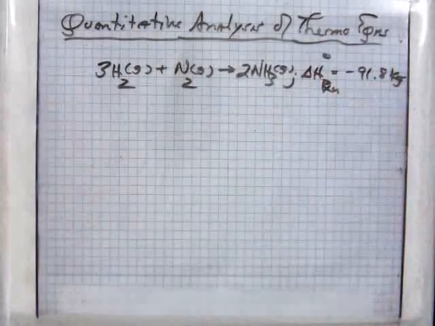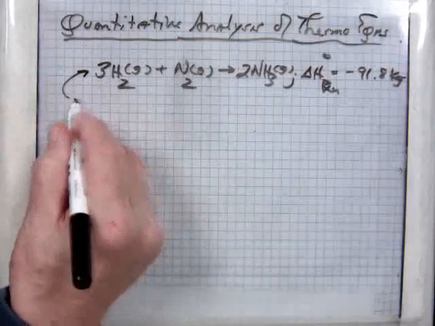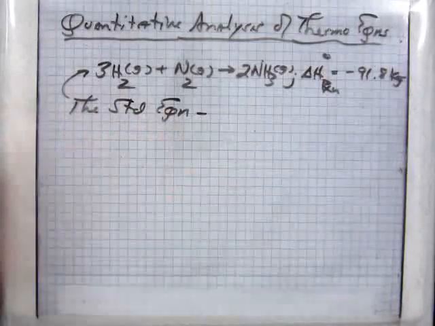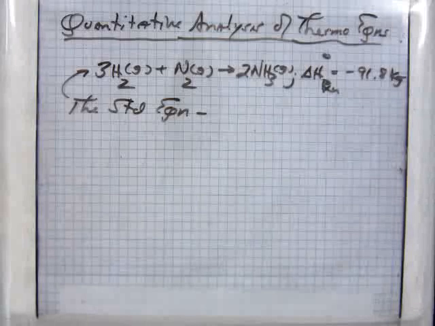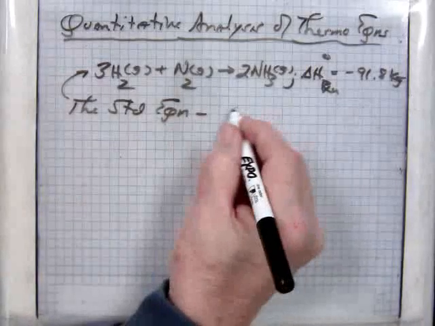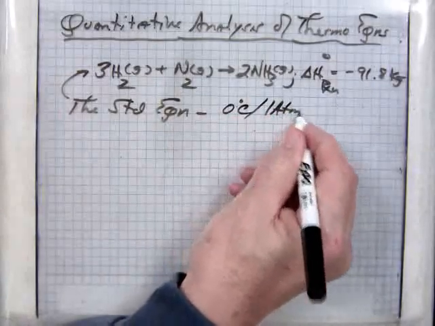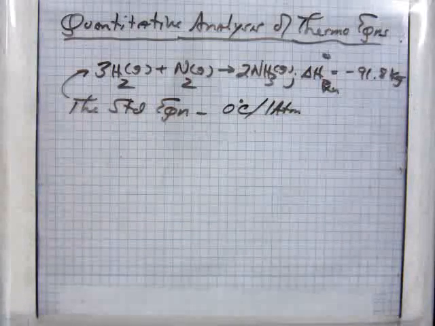For all practical purposes, this is the standard equation. What do we know about the standard equation? Without anything else being written, what are its pressure and temperature conditions? Remember? 0 degrees Celsius and 1 atmosphere. Everybody remember that? Okay. So that's essentially the standard equation that we're working with.